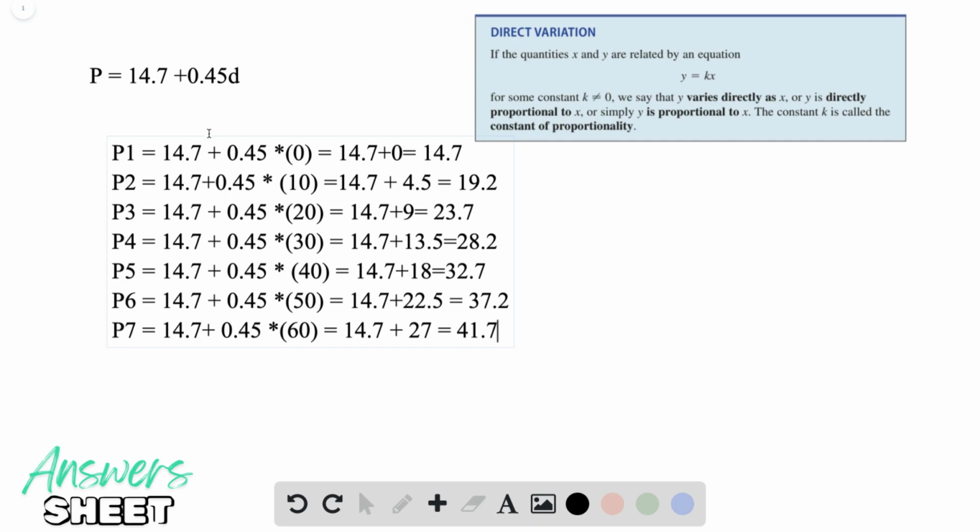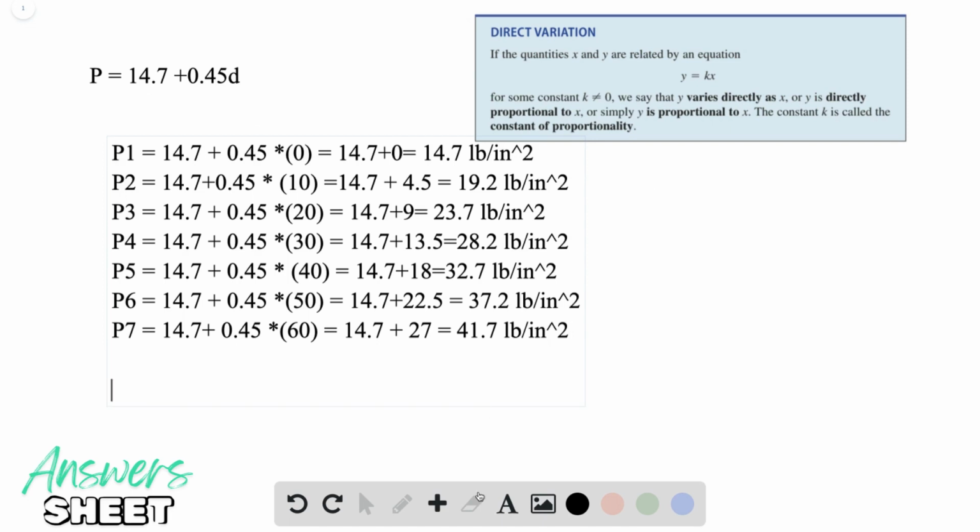And just want to make sure that we put all of those in pounds per inch square. So that's the first question, and all we have to do is just make a table.